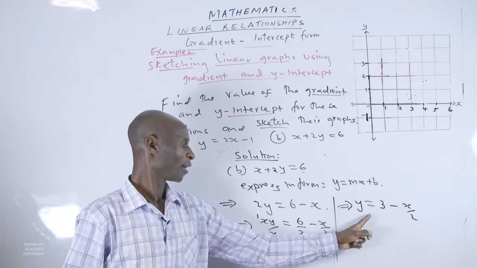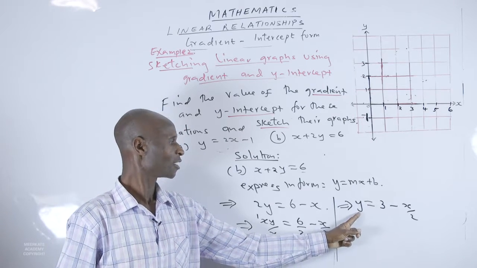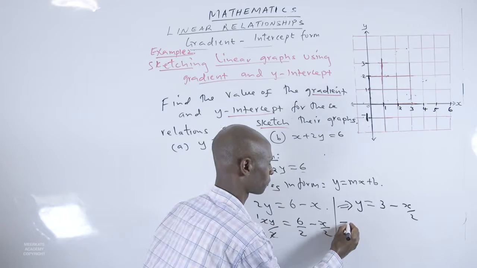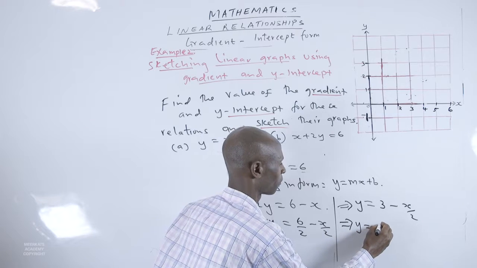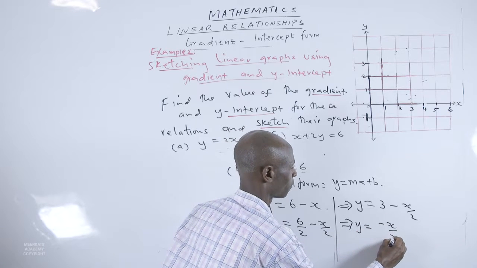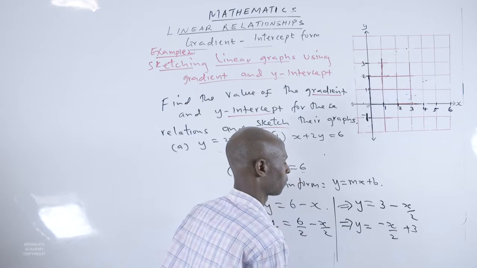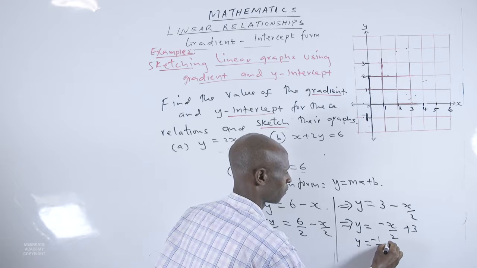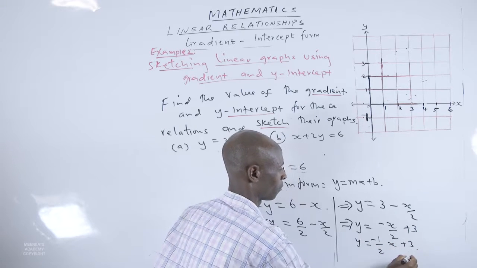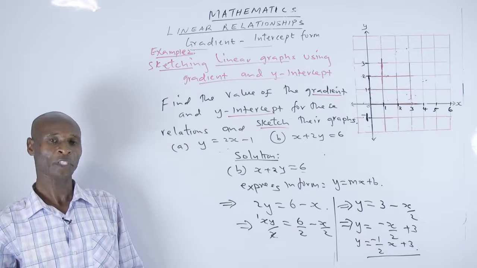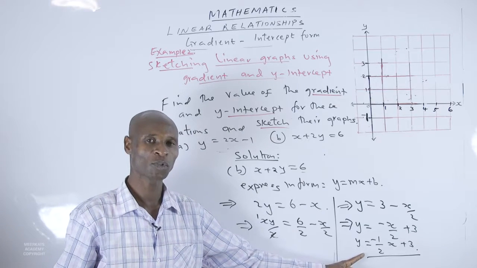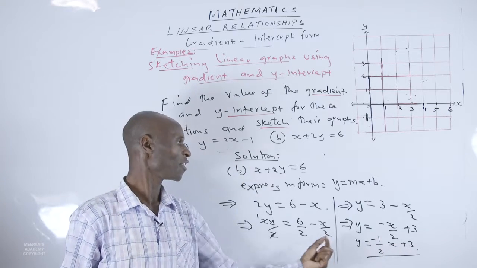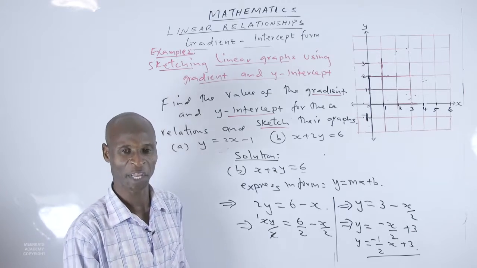So we can rearrange this equation so that it is in the form y is equal to mx plus b. So the equation has been written as y is equal to negative a half x plus 3. So it's now in the form y is equal to mx plus b.